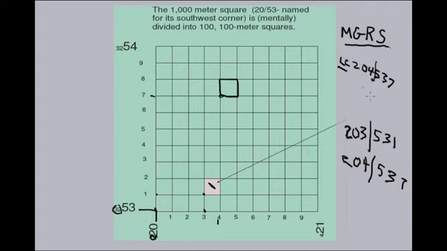But that's the military grid reference system. Most GPSs use that. Actually, I like it. I find it a lot easier, but just wanted to introduce that here.